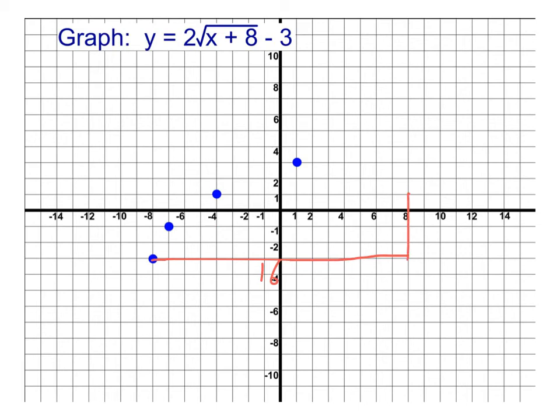In this case though, I'm not going to go up 4. Because of the 2, remember, I have to multiply the up, and only the up, by 2. So what's 4 times 2? 8. So I'm going to go over 16 and up 8 to get that last point. And then go ahead and draw the curve that goes through those points, because we're up against the edge of the graphing grid. And that's as good as it gets.